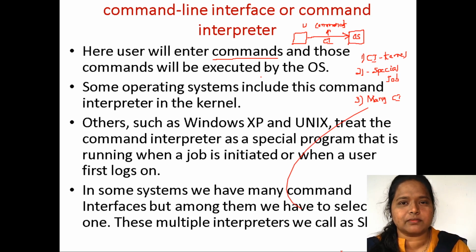But in some operating systems we will have multiple command interpreters, and we don't want all of them. Among the multiple command interpreters we select only one, based on the user requirement.